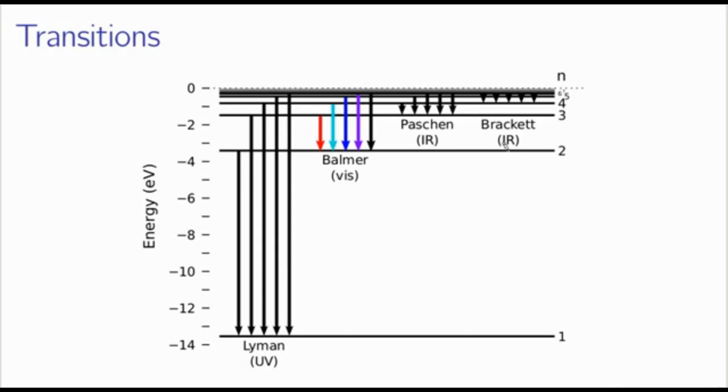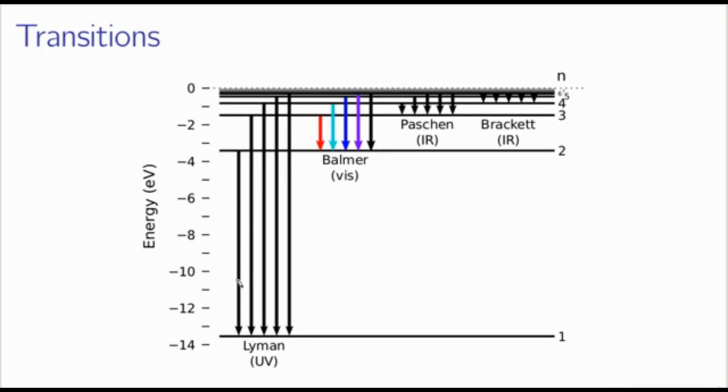The thick horizontal lines here represent the energies of the nth energy level. Here's n equals 1, the lowest energy level, n equals 2, 3, 4, 5, 6, 7, etc., up to infinity, where the bound state isn't really bound anymore. It has essentially zero energy. The transitions that are possible, for instance, if we're looking at the emission of light by a hydrogen atom, the atom is going to start in a higher energy level and drop down to a lower energy level.